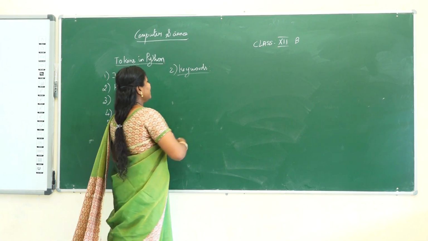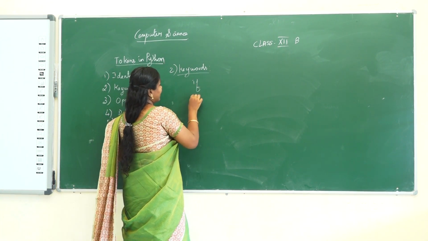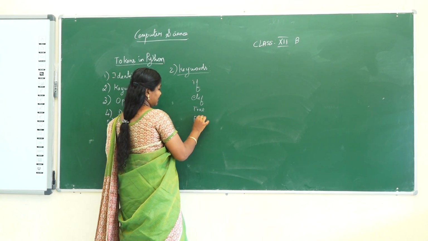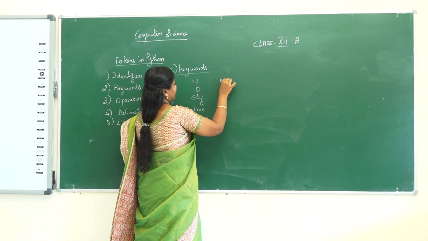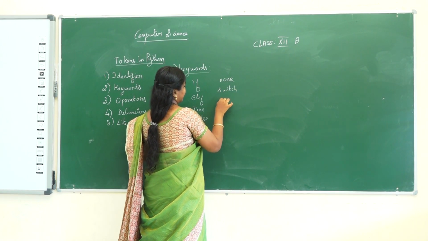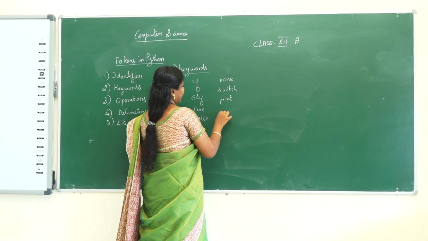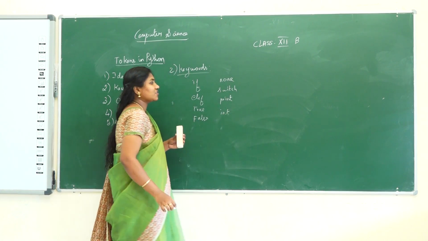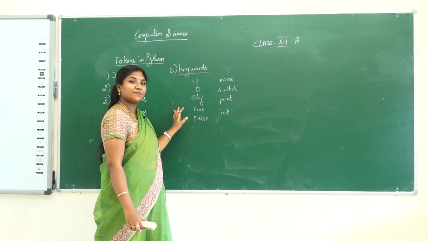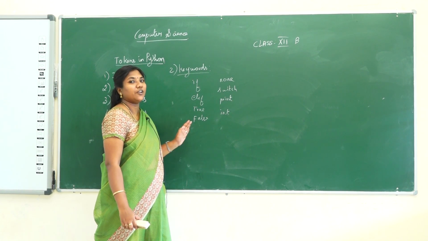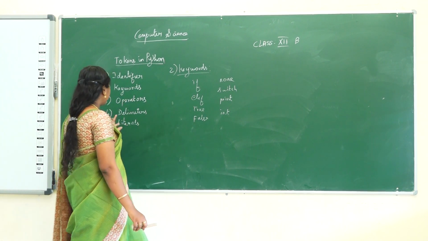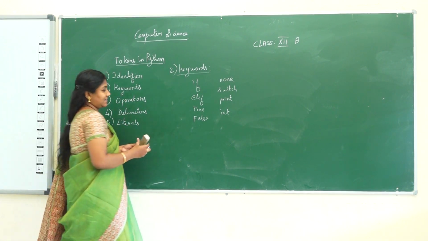Let us see some: if, else if, True, False, None, switch, print, int. All these keywords have a specific meaning in Python code, so they must be used for that purpose only. We cannot use them for other purposes. These are the keywords, and next we are moving on to operators.